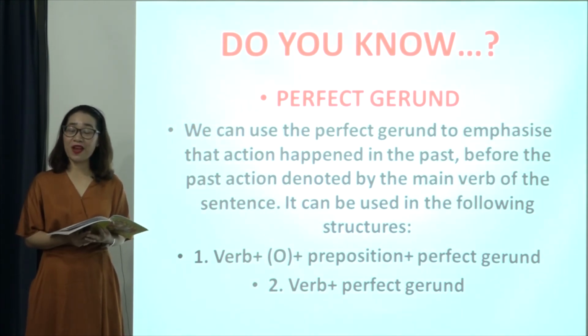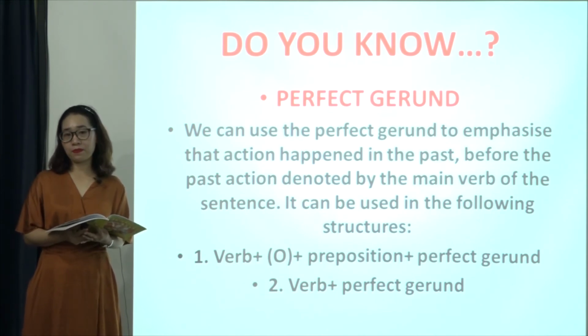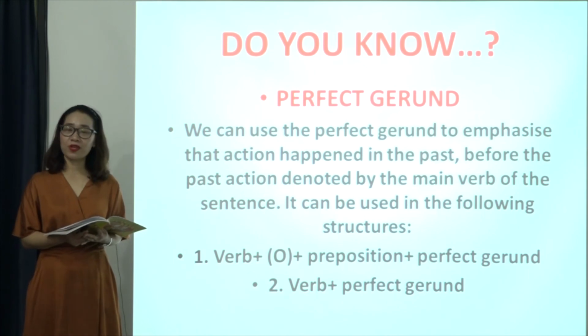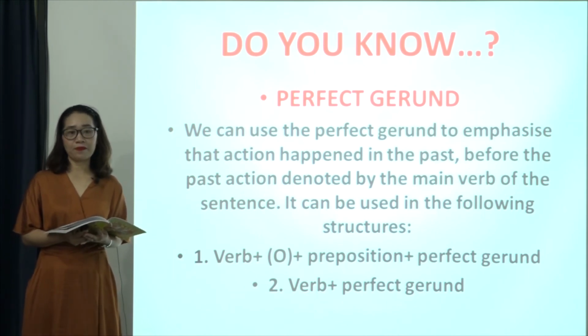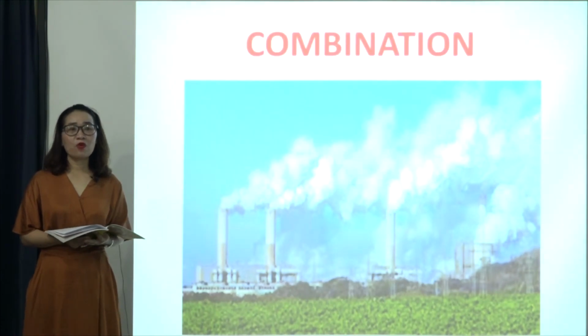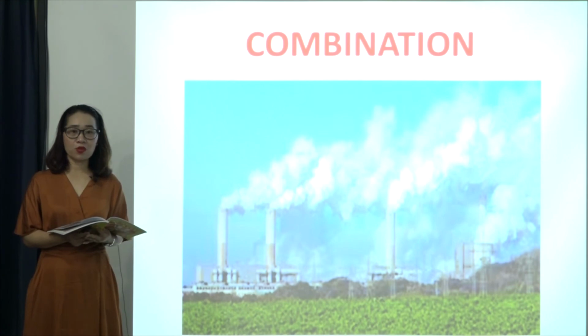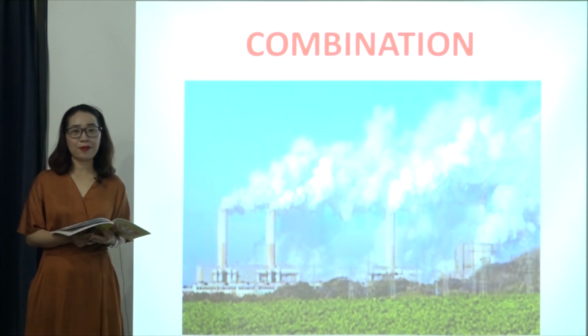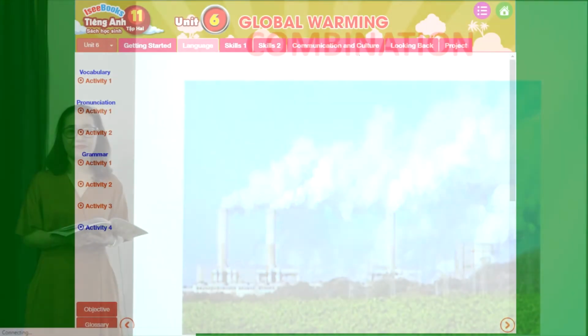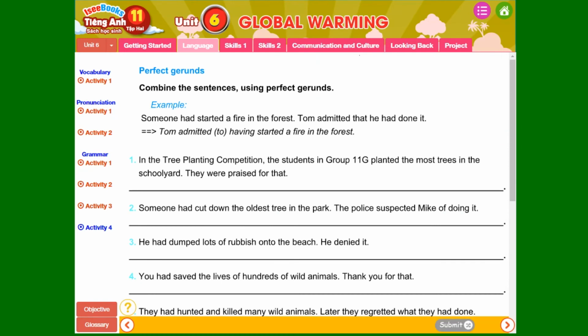For example, you have two structures: first one, verb plus object, preposition, perfect gerund, or the second structure is verb plus perfect gerund. And now we come to the final activity in your books or in iSmart books, combination. Perfect gerund. Combine the sentences using perfect gerund.